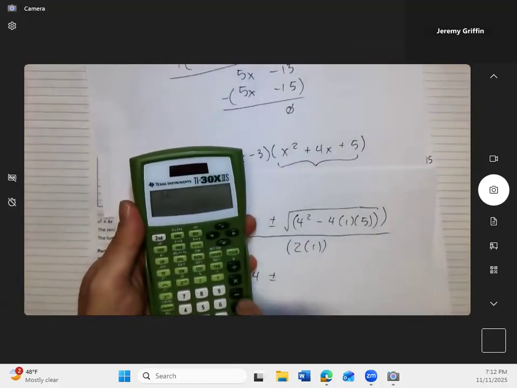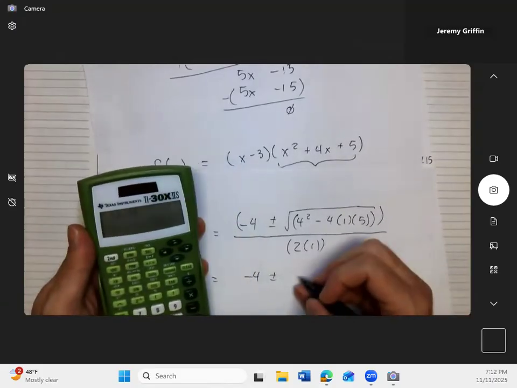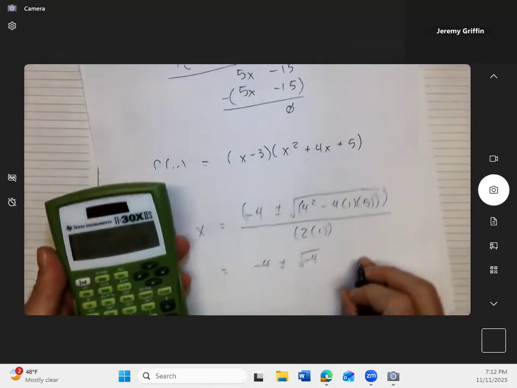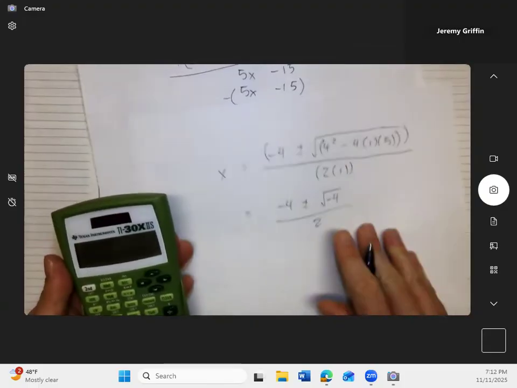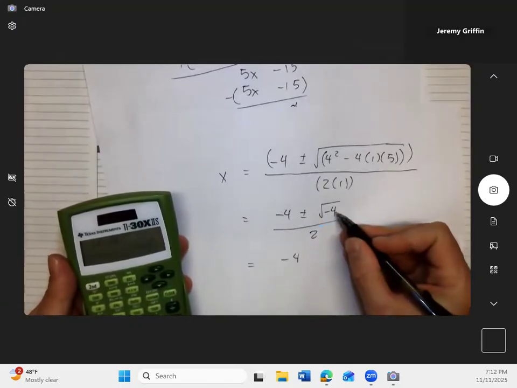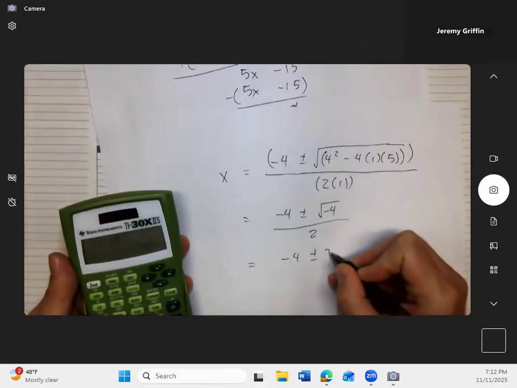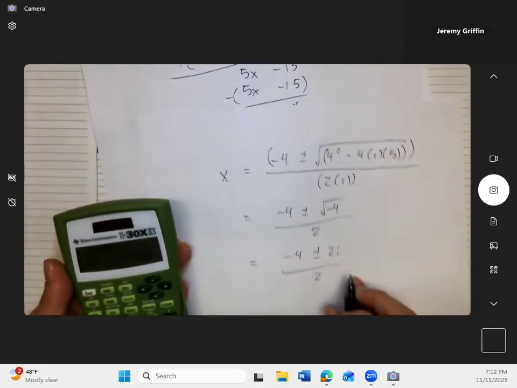That's 16 minus 20. The square root of -4. Yeah, we're going to be getting some imaginary out of this. Now the square root of 4 is 2, but the square root of -1 is i. So this is plus or minus 2i, that whole thing divided by 2, right?